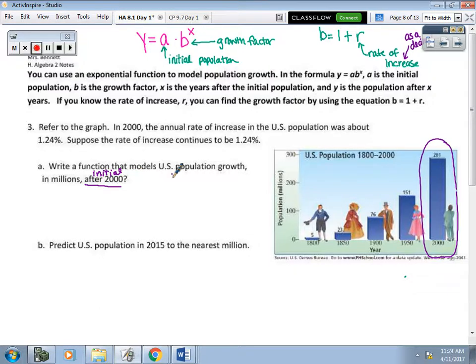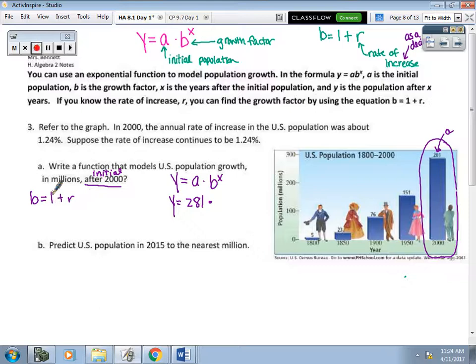So I'm going to set up my equation, y equals a times b to the x power. The initial population was 281 million. So this is my a variable. Now to find the b value, I do have to do a little bit of work, remembering that b is equal to 1 plus the growth rate.